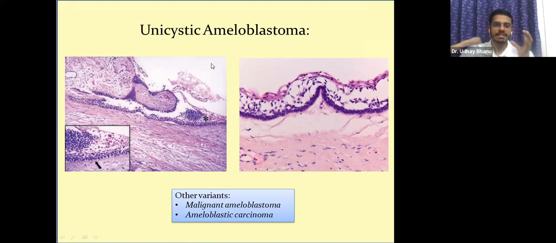So you will find the cells do not appear similar to one another, and they will also show extensive mitosis. They'll keep multiplying at a rapid rate and will also invade into the surrounding tissues, which is a feature of a malignancy. So these are the two types, the malignant ameloblastoma and the ameloblastic carcinoma.